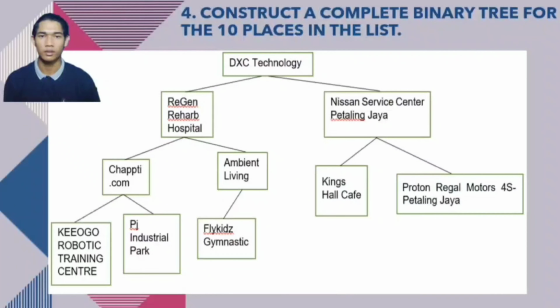Next, under Chapati.com, the left is Kyogo Robotic Training Center, and on the right is PJ Industrial Park. Next, under Ambient Living, on the left is Fly Kids Gymnastic, and lastly, under Nissan Service Center Petaling Jaya, on the left is Kings Hall Cafe, and on the right is Proton Regal Motor 4S Petaling Jaya.